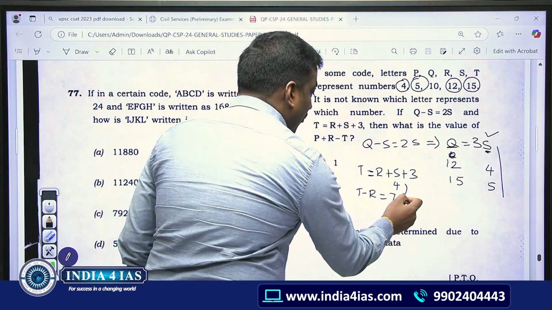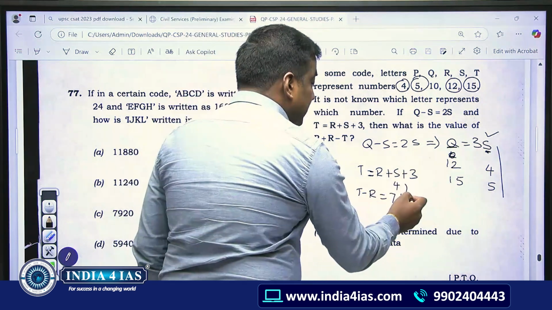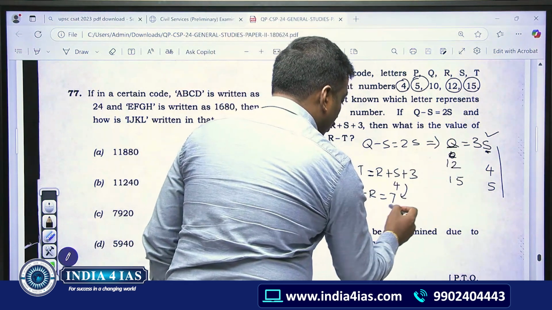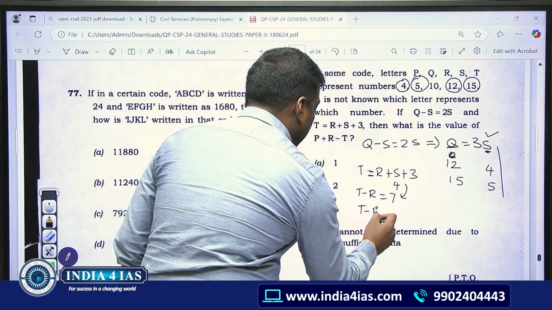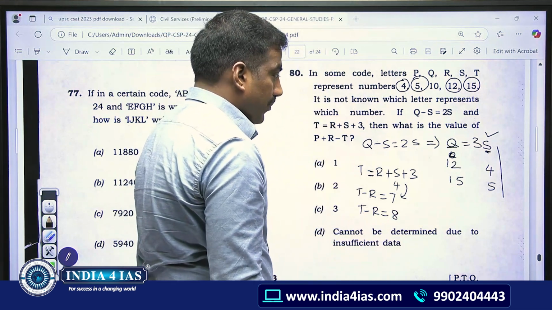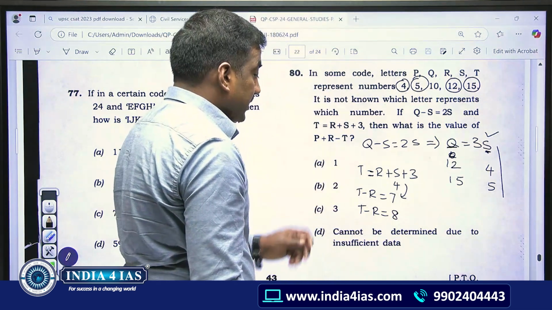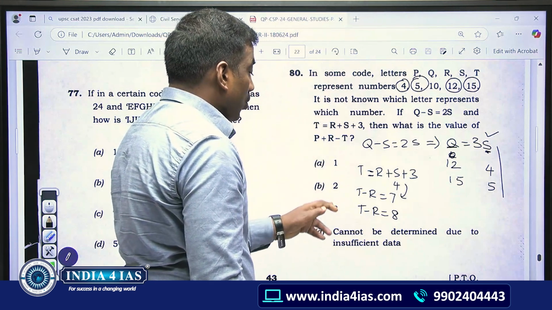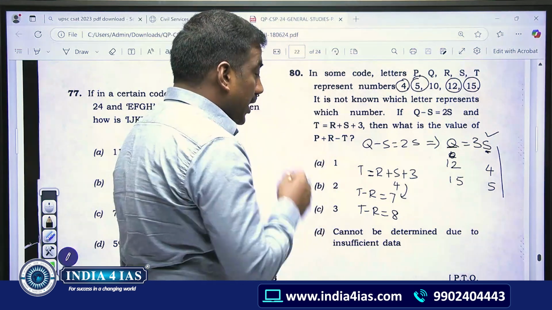If S is equal to 5, then T minus R is equal to 8.